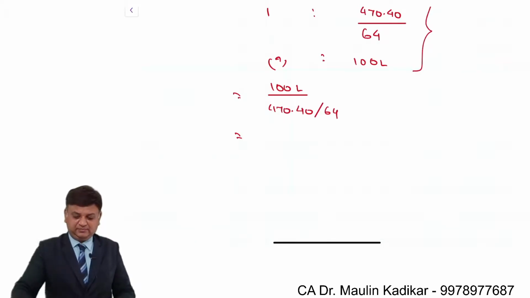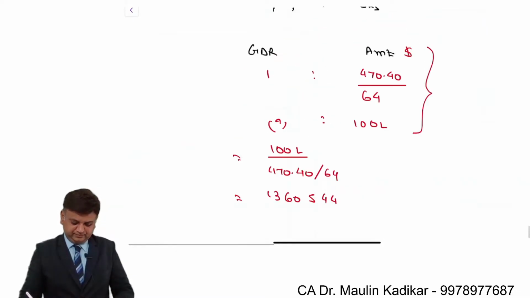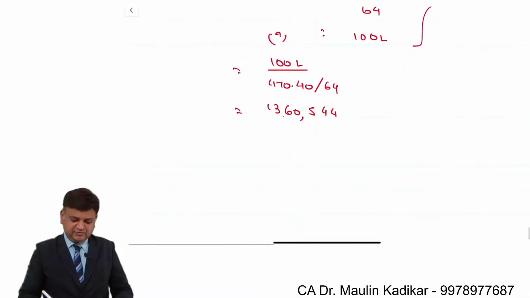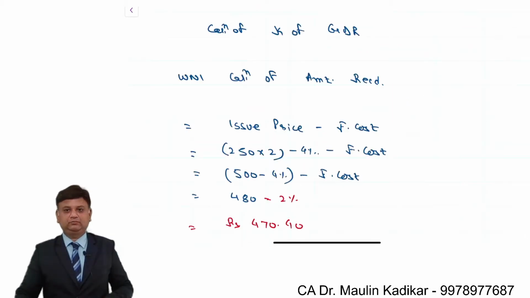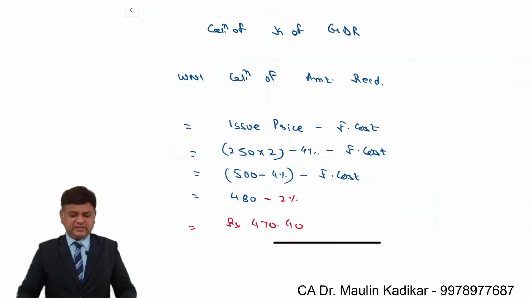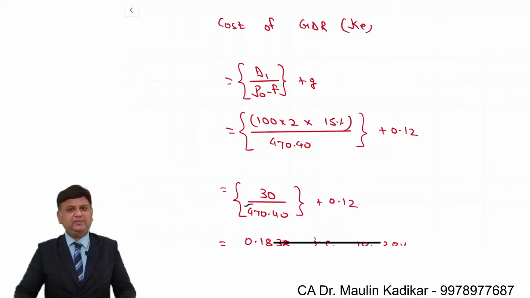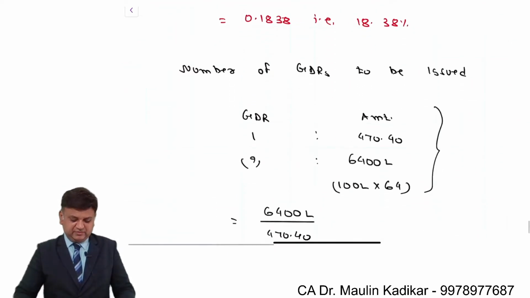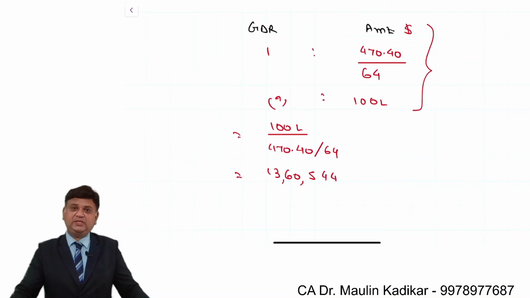This is the way we find the answer: 1360,544. That is the way the number of GDRs can be calculated, either using the dollar currency or rupee currency as the base. So, summary of the answer: calculation of the amount received, calculation of K by using the formula as we have studied at our intermediate level, and the number of GDRs to be issued, either by taking rupee currency as base or dollar currency.